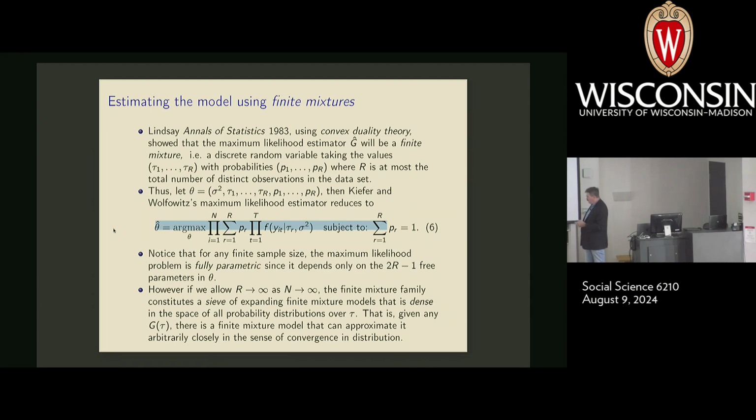That's a basic result in probability theory. So if you allow R to go to infinity as n goes to infinity, in particular you can let R equal n, then you're going to get consistency. That's what Kiefer and Wolfowitz showed back in 1956.